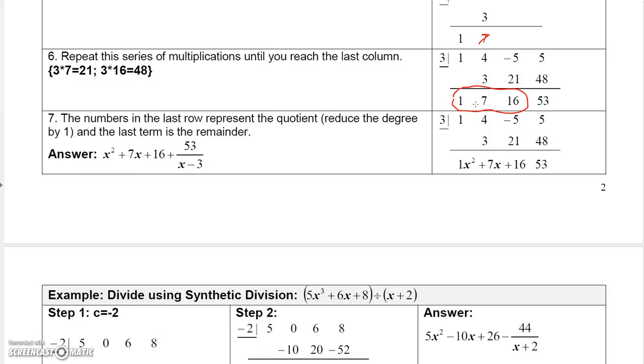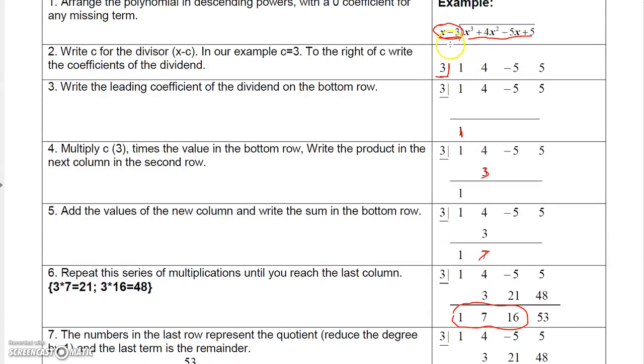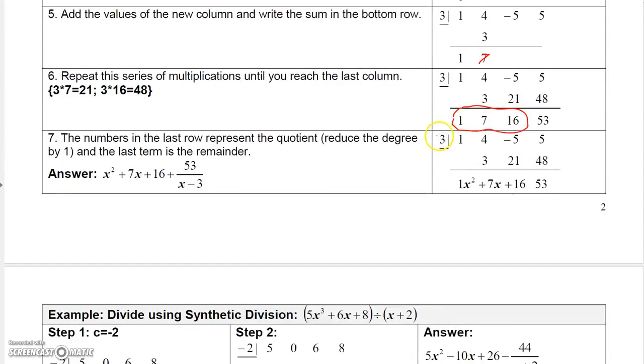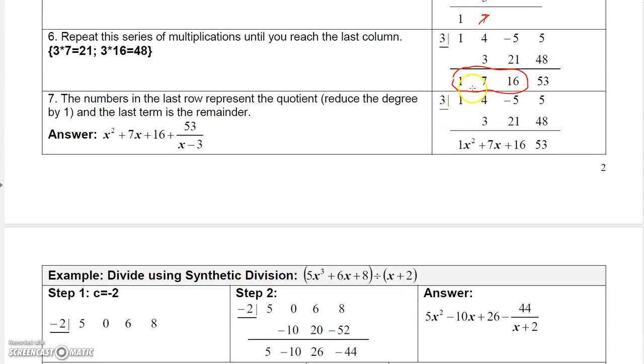But we have to reduce the degree by 1. We started with a degree of 3, so the quotient has to be a degree of 2. That would be 1x squared plus 7x plus 16. And the last term is the remainder. So the result of that division is x squared plus 7x plus 16 plus the remainder over the divisor, 53 over x minus 3.